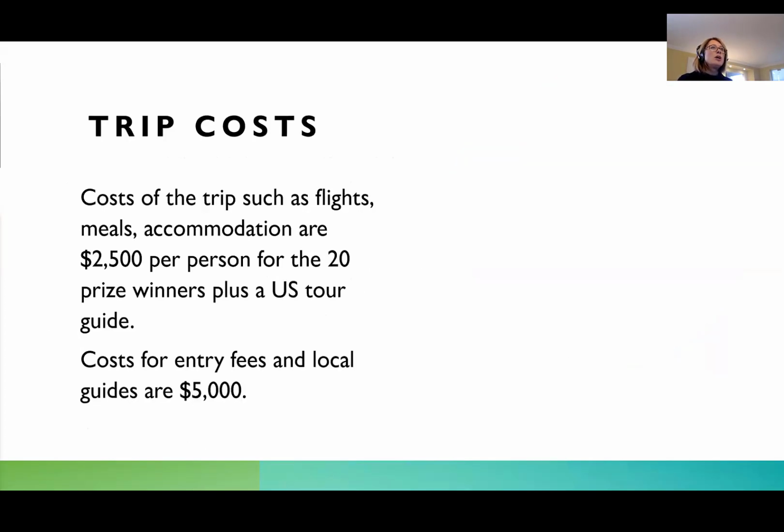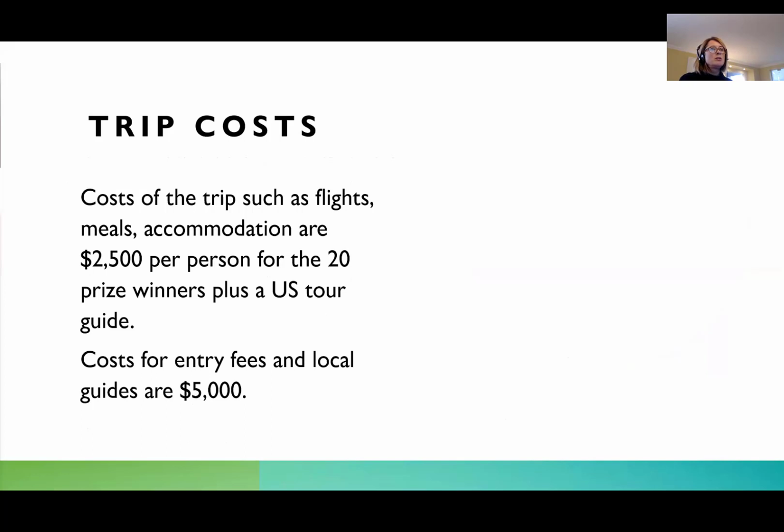So the costs of a trip, such as flights, meals, accommodation, are $2,500 per person for the 20 prize winners. Now, there's also a US tour guide that's coming with them. And then on top of that, we'll have costs for entry fees and local guides, which is about $5,000. Now, okay, so think about it.